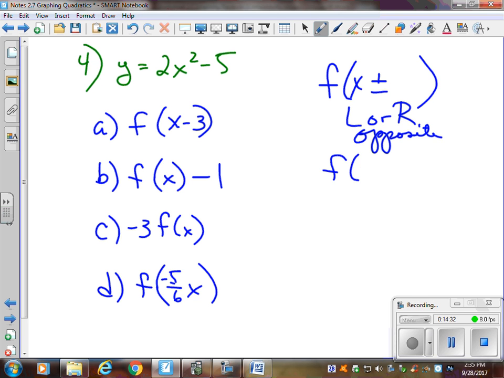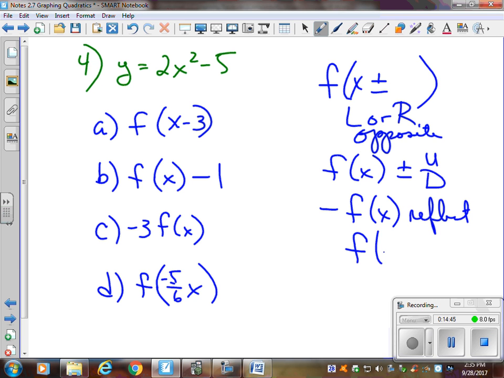But when it has f of x and the plus or minus is on the outside, plus is going to go up and minus is going to go down. When your negative is on the outside, it's going to reflect. When your negative is on the inside, that's questionable. You'll have to look at the problem you have and decide if the negative goes away.